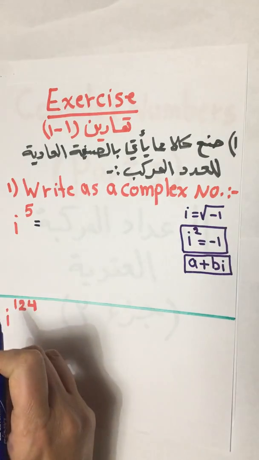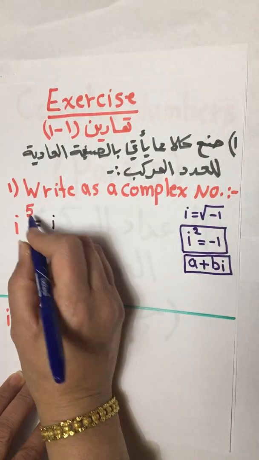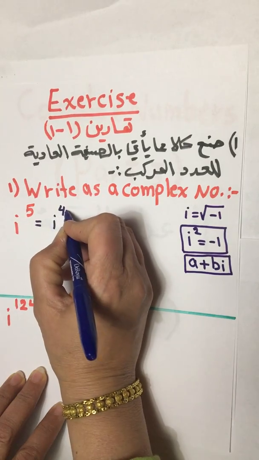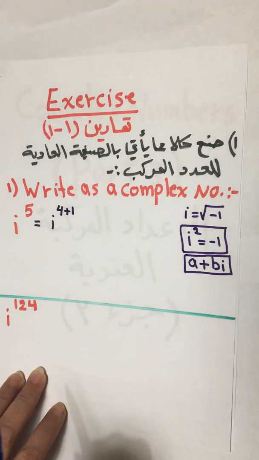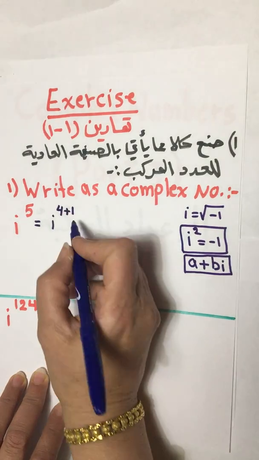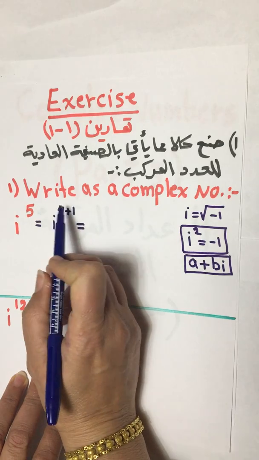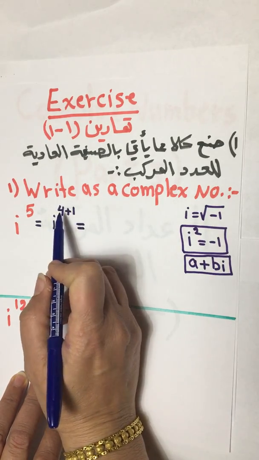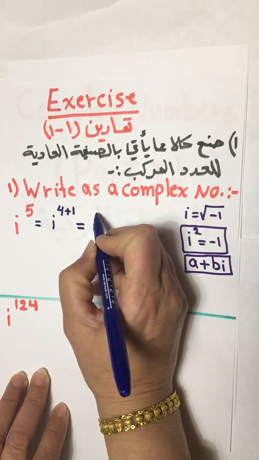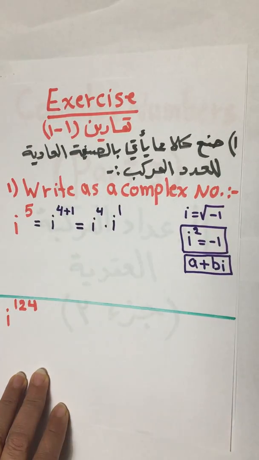I to the power 5 equals... I can write 5 as 4 plus 1. I'm going to split the exponent and make it I to the power 4 times I to the power 1.